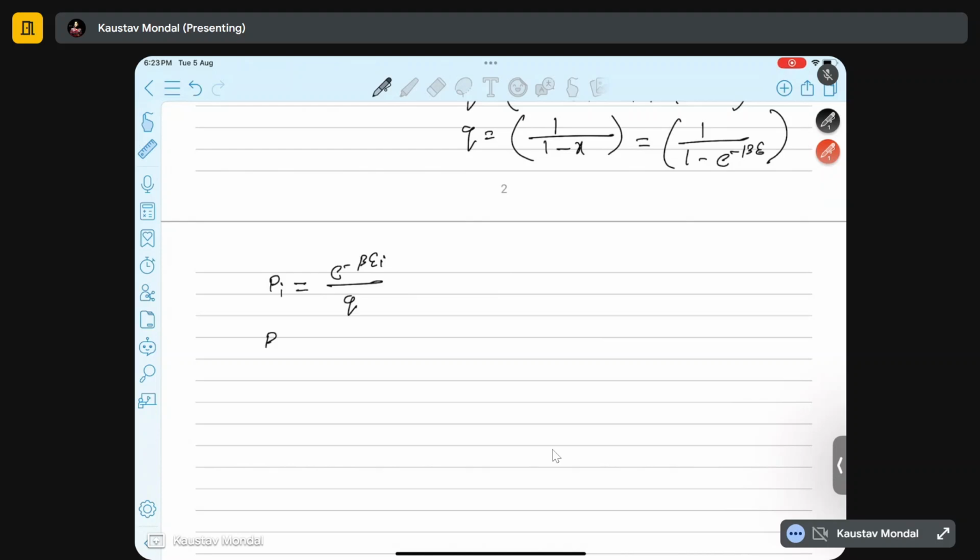So that means pi is 1 by 1 minus e to the power minus beta e into e to the power minus beta ei. Sorry, I wrote it wrong. It would be simply e to the power minus beta ei times 1 by 1 minus e to the power minus beta e. So that means it would be 1 minus e to the power minus beta e into e to the power minus beta ei.